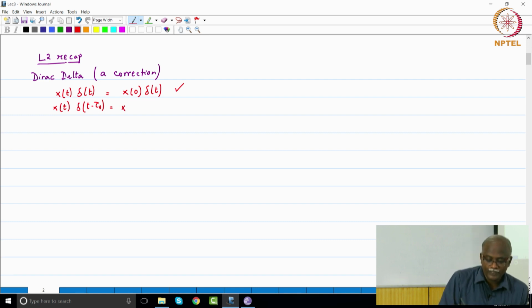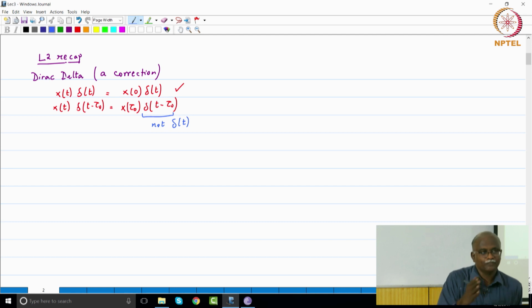So you will sample x of tau naught, and this should be delta of t minus tau naught, basically the impulse response. In the class I had written it down and it is not delta of t. The position of the Dirac delta does not change, the only thing is that it samples the function there.